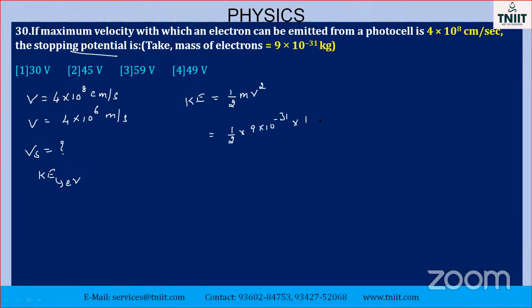V squared value will be 16 into 10 power 12 divided by 1.6 into 10 power minus 19. It is in electron volt. If I do not divide by 1.6 into 10 power minus 19, then I won't get it in electron volt.